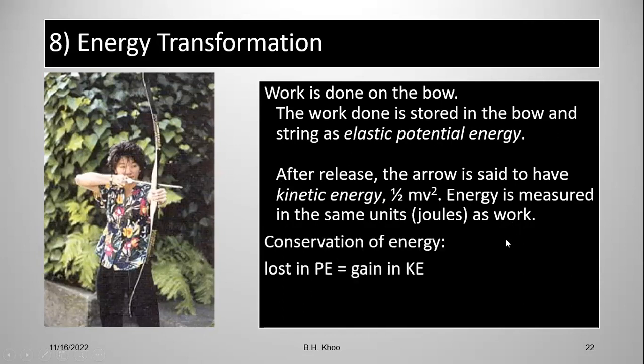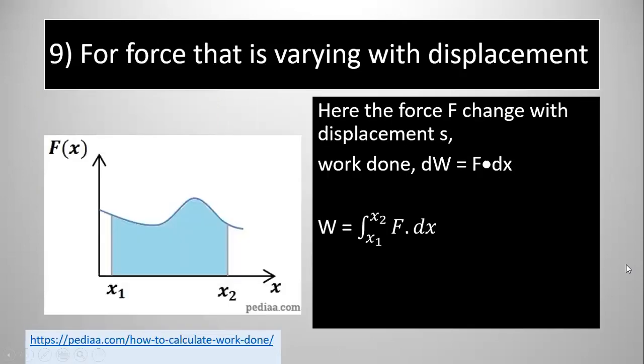The conservation of energy in this case: loss in potential energy, in this case elastic potential energy, then as the arrow shoots off, we gain kinetic energy. Or in terms of maths, we can write this formula. Okay, remember the definition. If it's not a constant force, then we have to use integration.